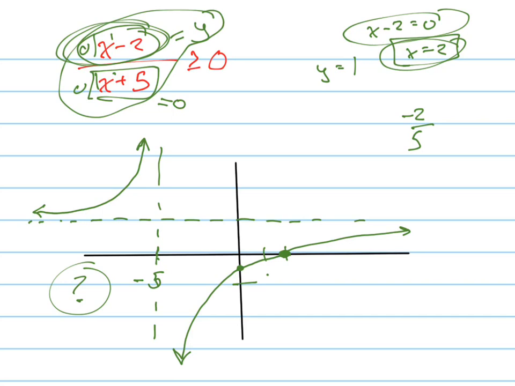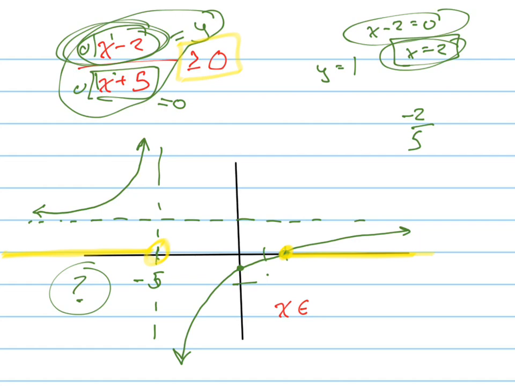Now let's answer the question. Where is that graph greater than or equal to 0? All the way here, but not including negative 5 because it's an asymptote. And then from here to the right. So what's my answer?